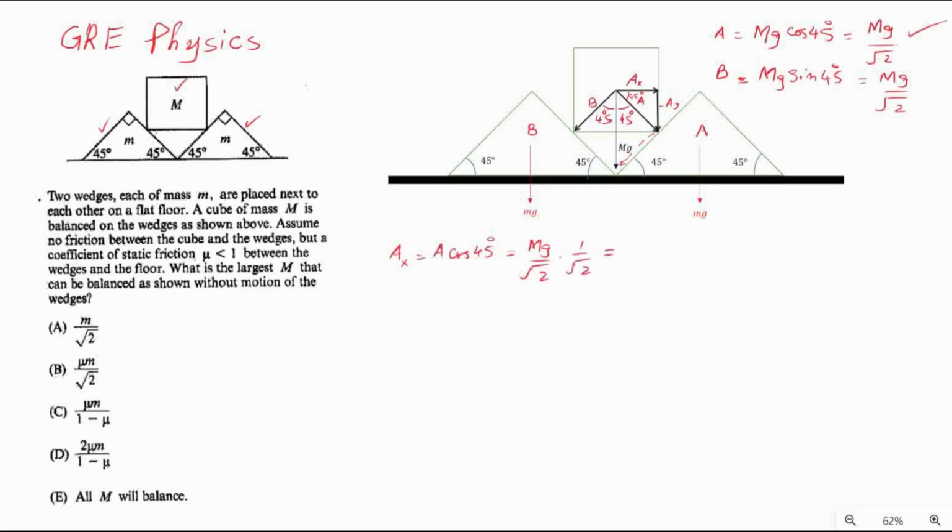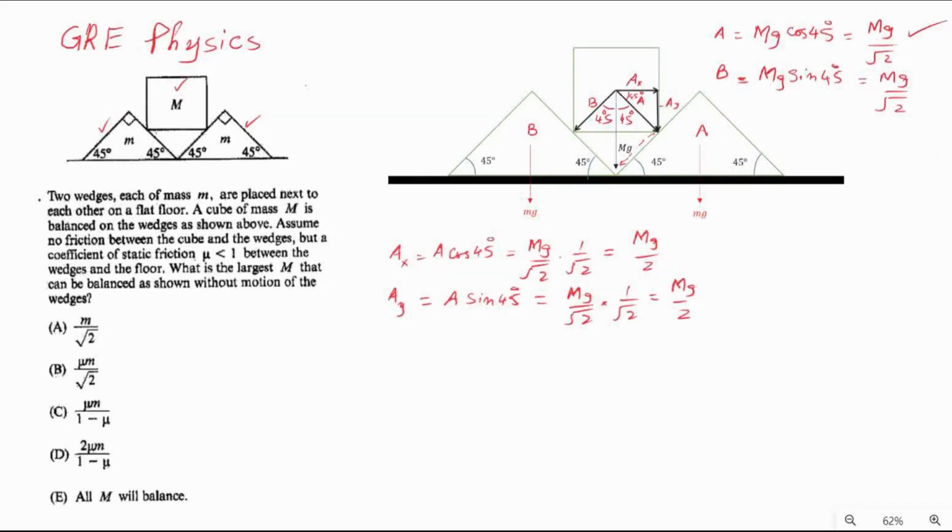So this is equal to Mg divided by 2. Similarly, the magnitude of vector AY is equal to A times sine of 45 degrees, because it is the perpendicular component, which is Mg divided by root 2 multiplied by sine 45 degrees, again 1 by root 2. So this is equal to Mg divided by 2.